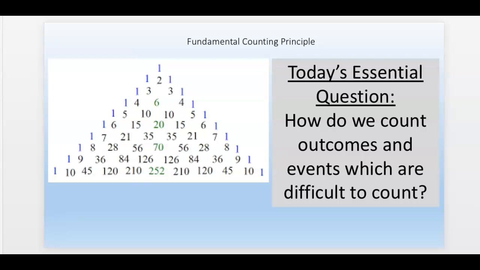The essential question: how do we count outcomes and events which are difficult to count? We're going to do this for 4 days, using different counting methods, and then Friday we're going to tie it together back with probability.